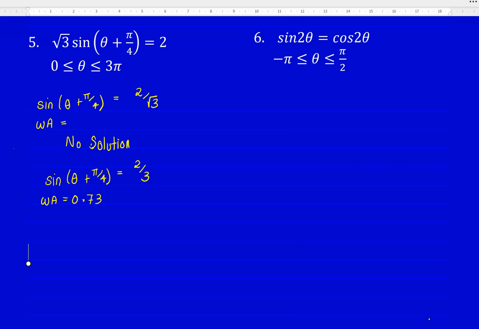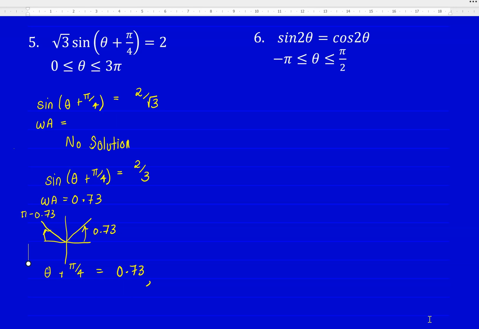And we do exactly what we did before, right, with the pi's, except of course we're not doing pi, we're doing 0.73. So where is sine positive? It's positive in this quadrant and this quadrant. Okay, so therefore theta plus pi on 4 will be 0.73, and this one here will be pi minus 0.73.